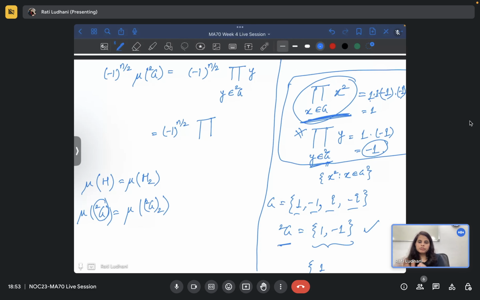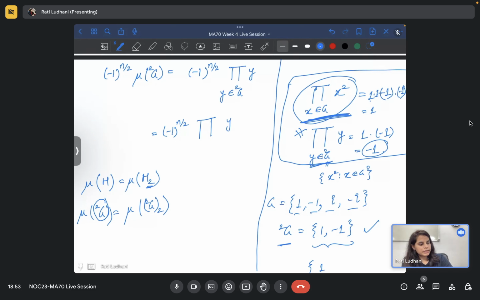In the first part we have proved that for any finite abelian group, mu of G is equal to mu of G2 in the subscript. That means taking the product of all the elements of a finite abelian group, multiplicative, is the same as multiplying just the elements of the group with the property that its square is 1. So let's use this here.